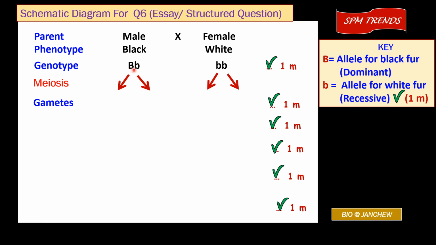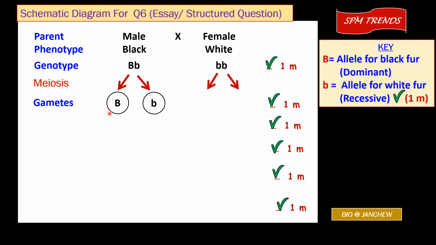They are carried by the homologous chromosomes to 2 different poles, so each gamete has only 1 allele. So big B goes to one type of gamete and small b to the other type of gamete.